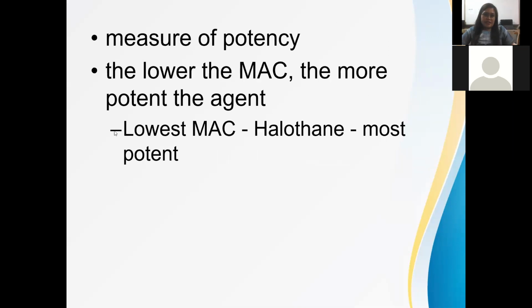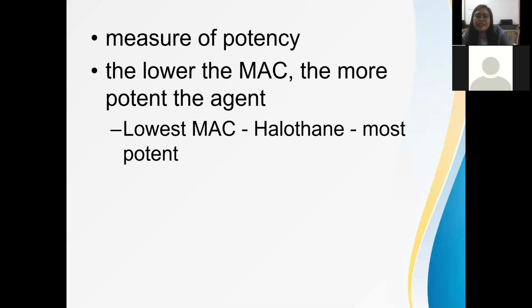Okay? So the MAC actually measures the potency of our general anesthetics. And all you need to remember, the lower the MAC, the more potent the agent is. In pharmacology, that's how it is, right? The drug that has an effect at the smallest dose will be the most potent drug.